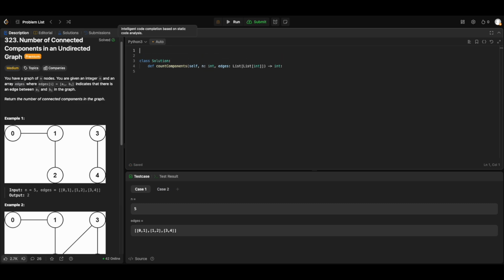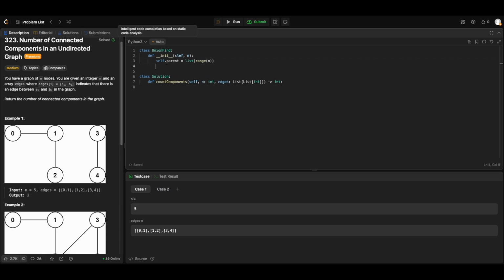Now let's build the Union-Find data structure. You start with class UnionFind, initializing with init, self.n, self.parent equal to list of range of n.